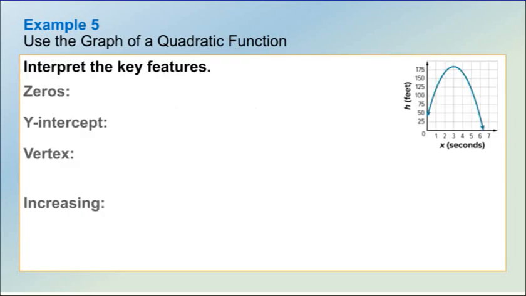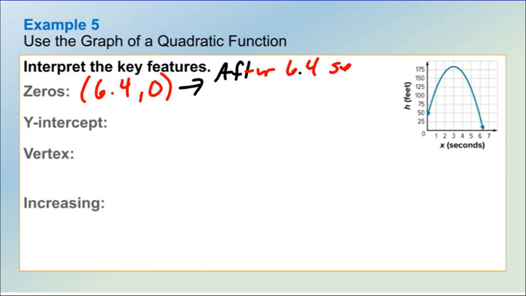So now let's look at the key features here. We did find the zeros. We said it was like 6 point something. We'll say 6.4. Which it just means after 6.4 seconds, it hit the ground.